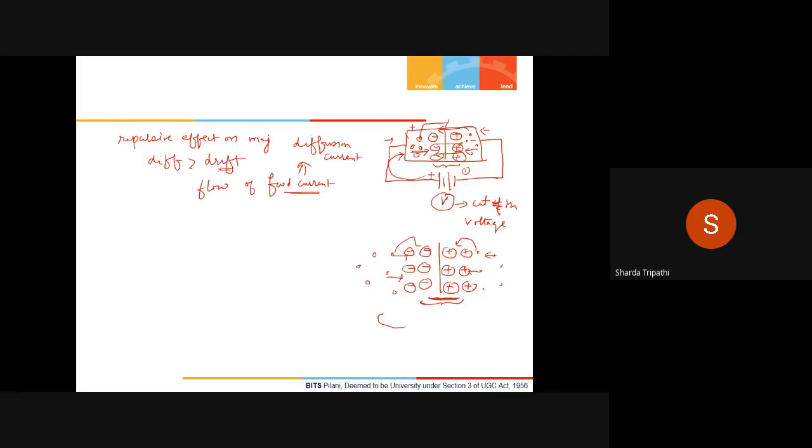It is not that the entire depletion region will go away because of the repulsive force, because there is some inherent bulk resistance of the semiconductor itself which will cause a certain minimum width to always be present in the depletion region. So whatever they could fill of the depletion region, the majority charge carriers have filled.